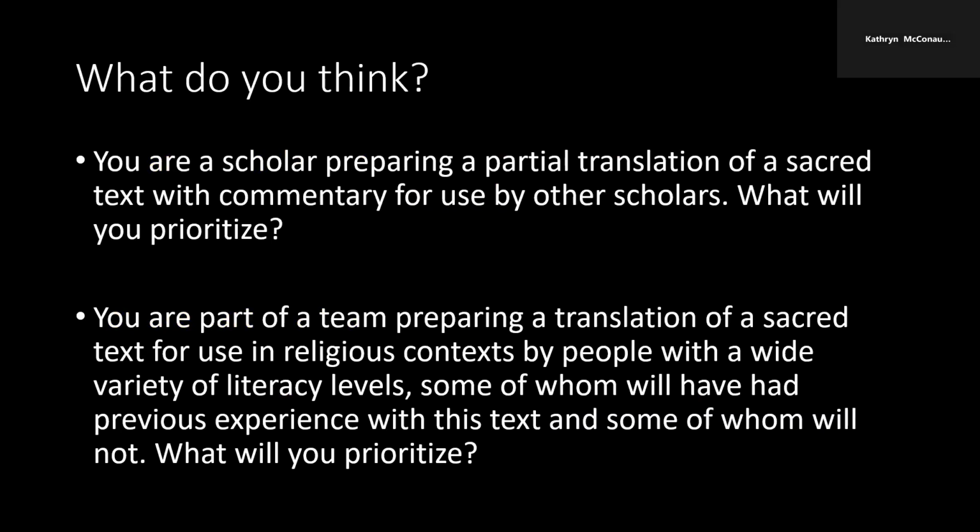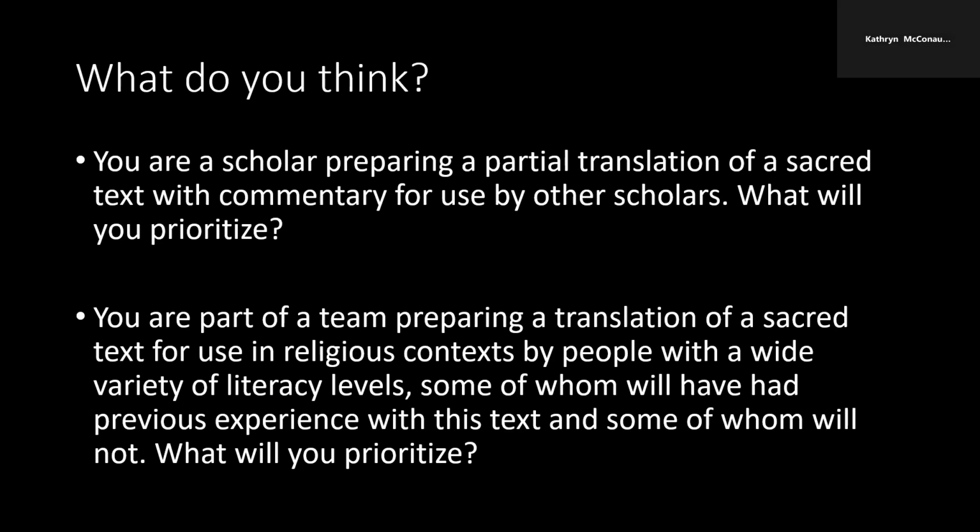So you can think about this. If you're a scholar who's preparing a partial translation of a sacred text with commentary for use by other scholars, what do you think you would prioritize? How far on the spectrum of authenticity to accessibility would you feel comfortable in going?